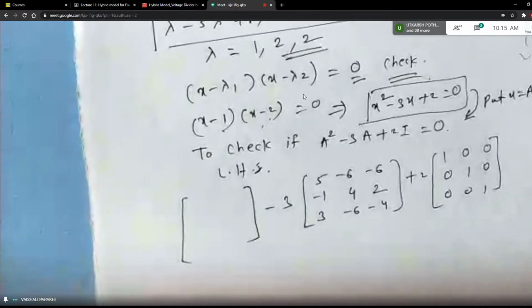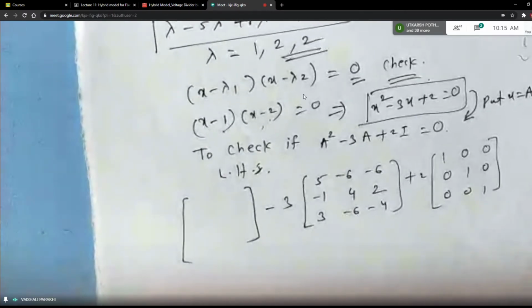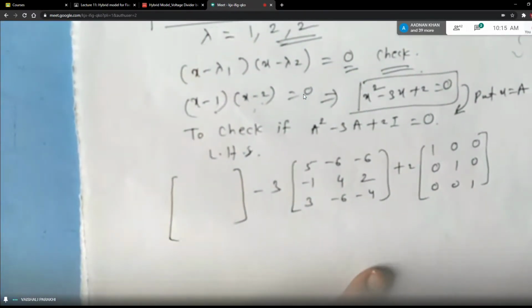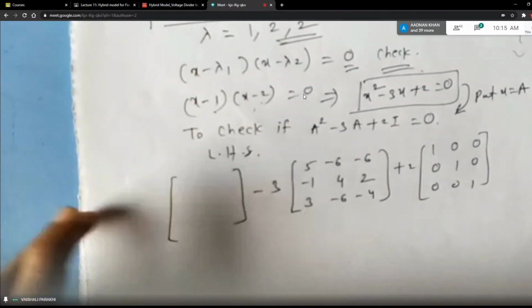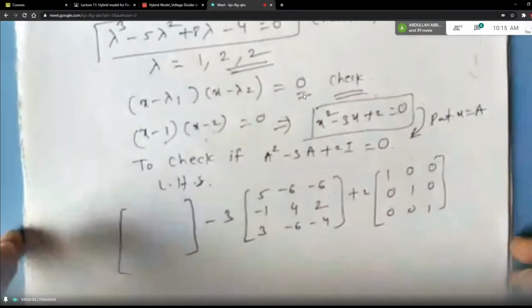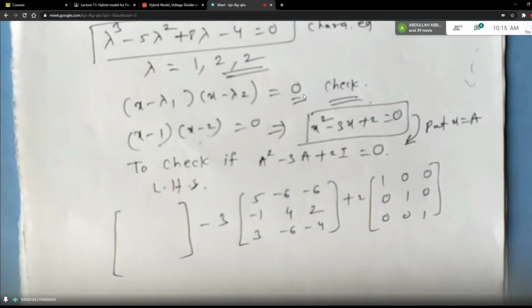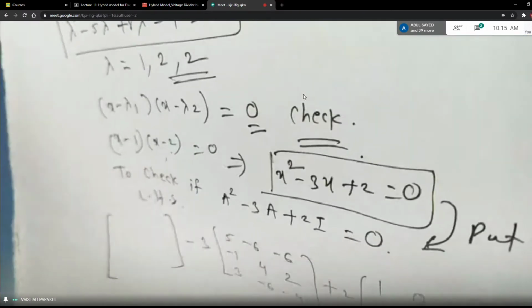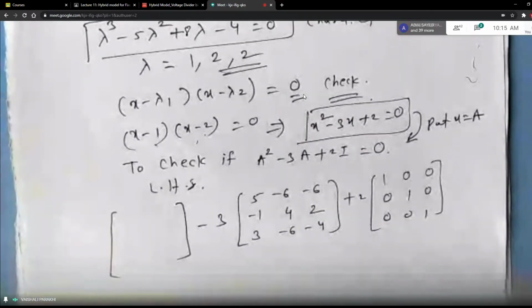Now students, can you find the A square matrix on the calculator? Multiply A into A, or directly A square on the calculator. Mandar, can you tell me what is the A square matrix? Yes, ma'am.